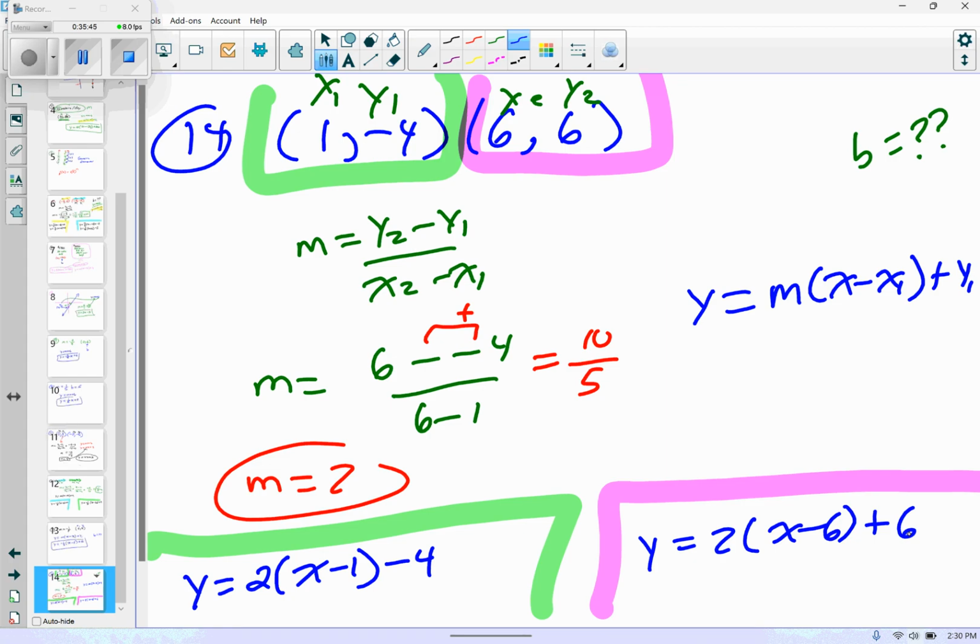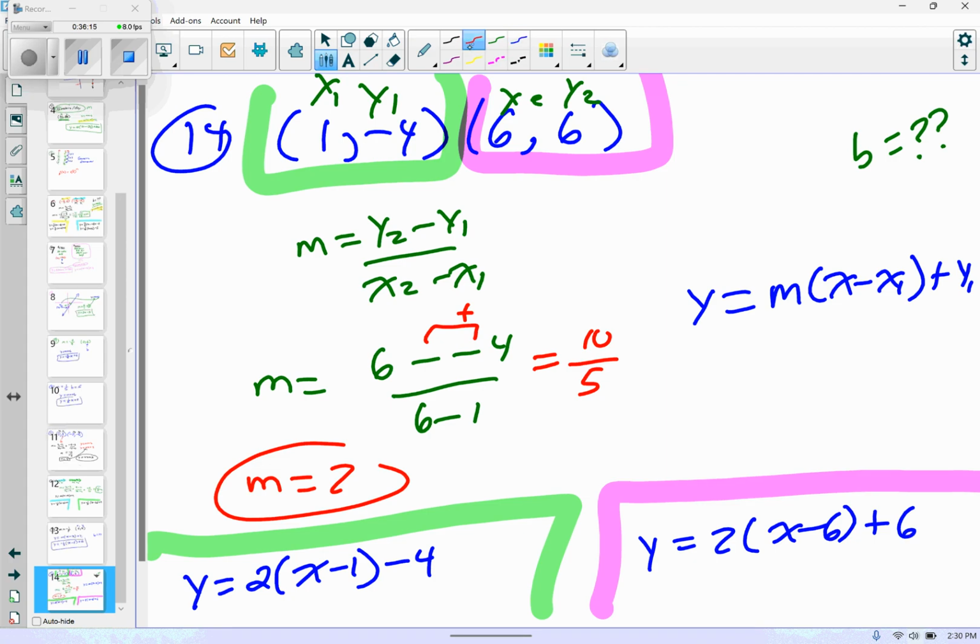But watch this. Ready? This is an easy one to show you. 2 times x is 2x, right? 2 times negative 1 is negative 2. You follow me? Negative 2 minus 4, negative 6. So keep that negative 6 in mind. If I do the same thing here, 2 times x, 2x, cool. 2 times negative 6 is negative 12. Negative 12 plus 6, negative 6.